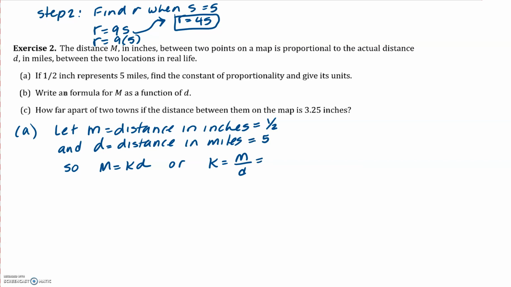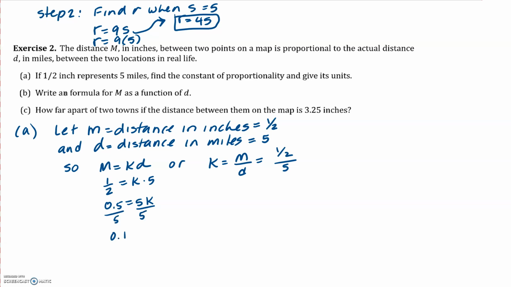You know, actually, this one would be fine, but that's a double fraction. That might be a little hard to deal with. So you might even want to do it here. I'll show you that one in a minute, but this one is the m is the 1/2, the k we don't know, and the distance is 5. So we have 5k is 0.5. You divide both sides by 5.